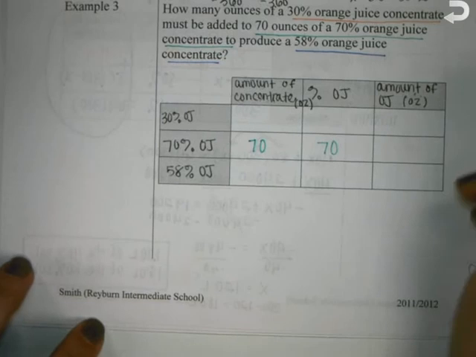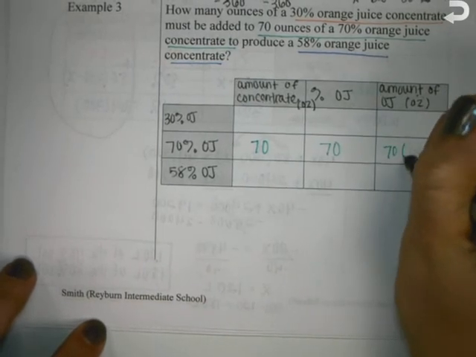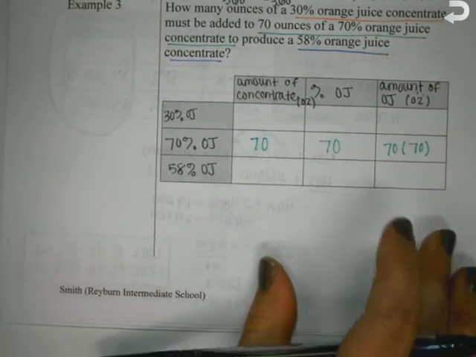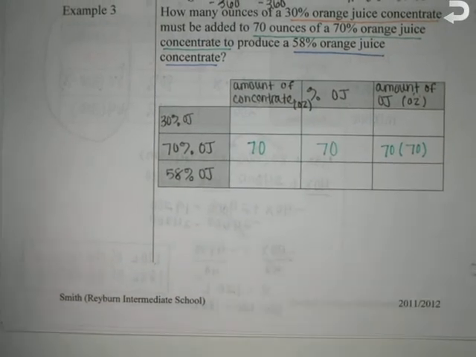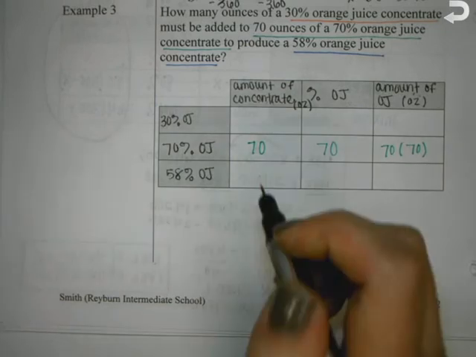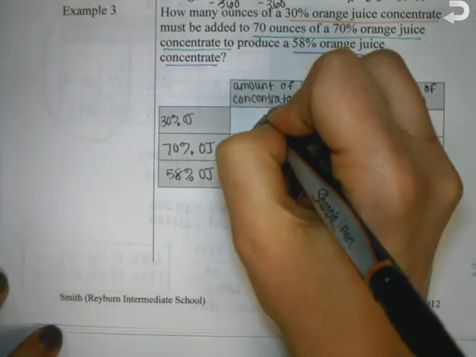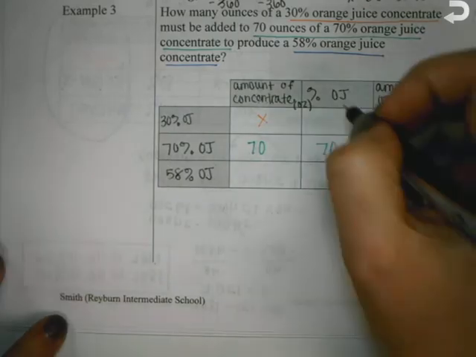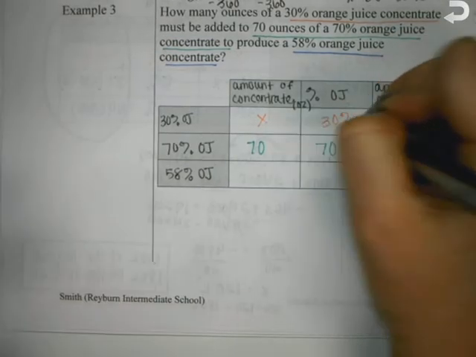Okay. Do I know how much of the 30% I have? No, so let's call it X. What percentage of orange juice is in that one? 30%. 30x. So the amount of orange juice is going to be 30x. I forgot percent here. Okay.